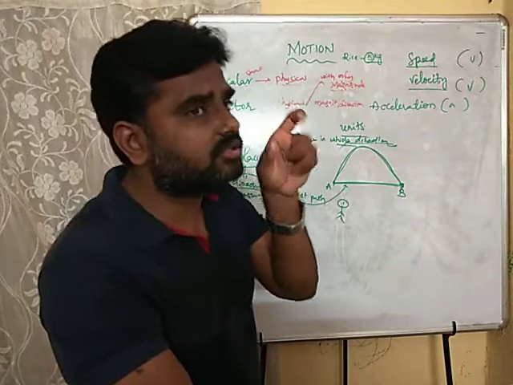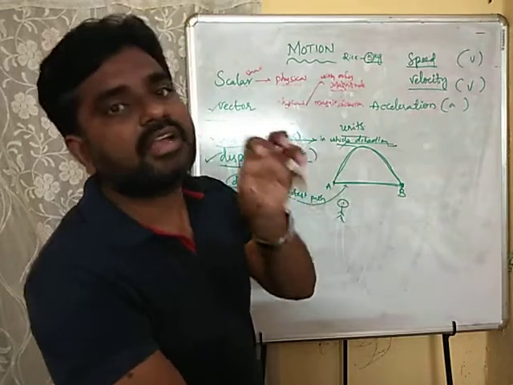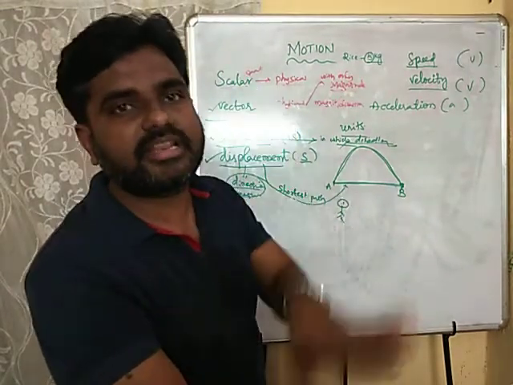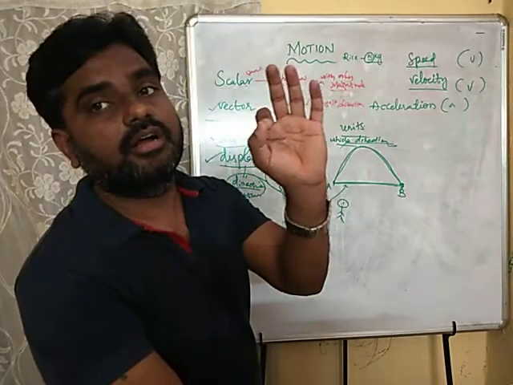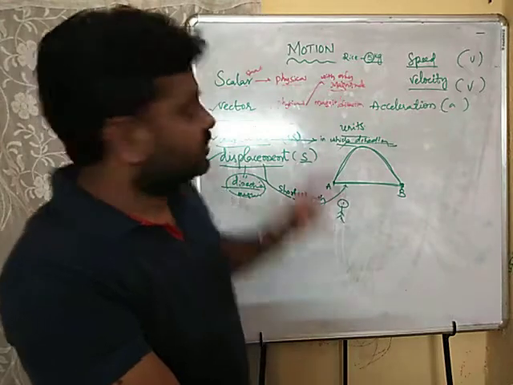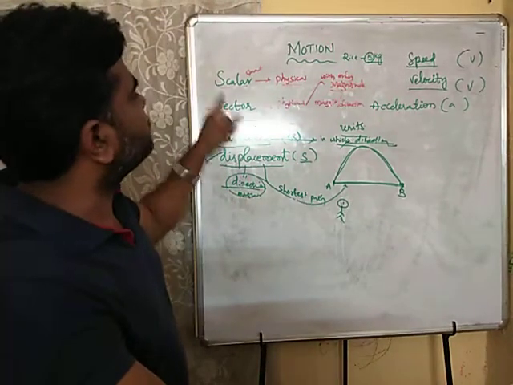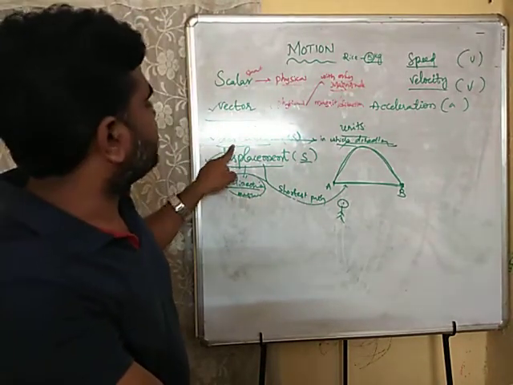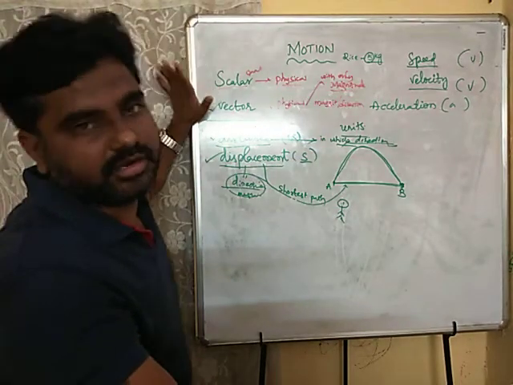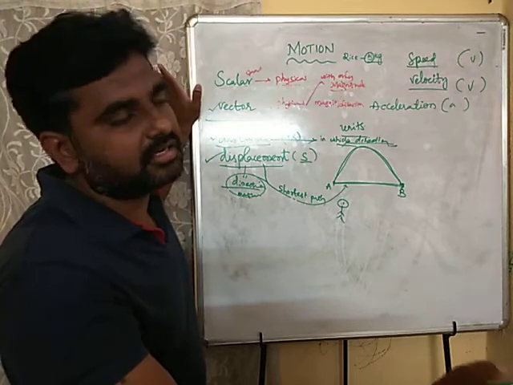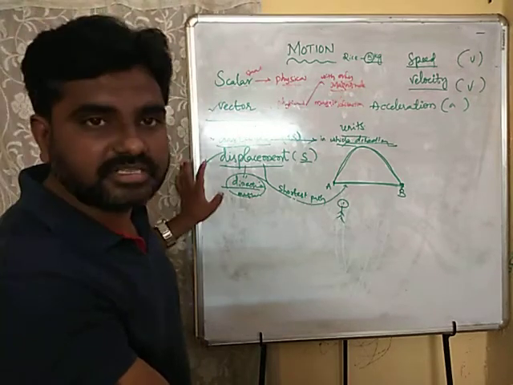In the first statement I did not mention direction, whereas in the second statement I have. Whenever direction comes, it comes under vector quantity, whereas with only magnitude and no direction it comes under scalar quantities. Did you get the difference between distance and displacement?